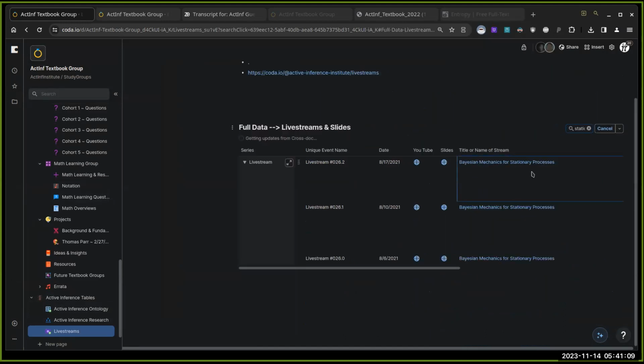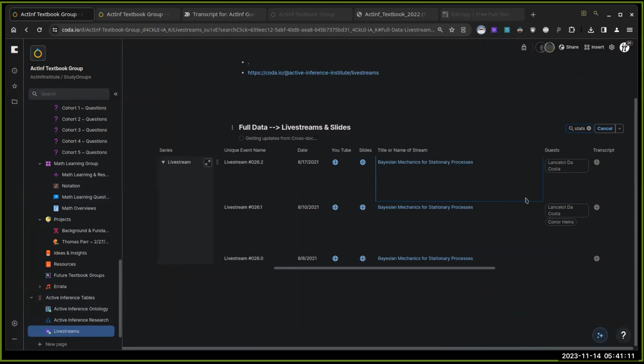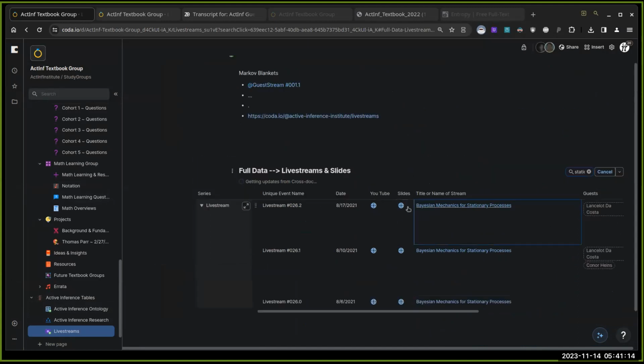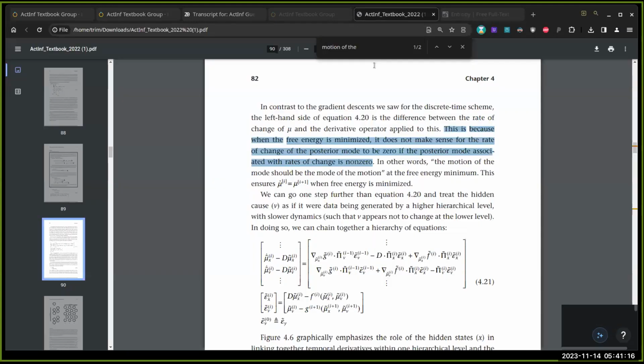In Bayesian mechanics for stationary processes, this question of hierarchical Bayesian stationarities arises in the generalized coordinates of motion.